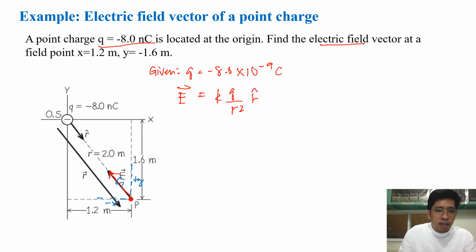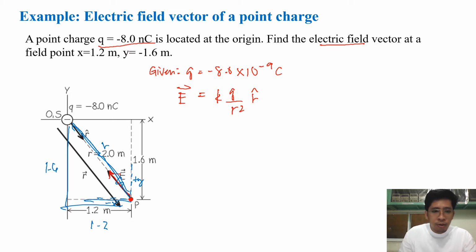You need this R here, which is just the direct line joining your source point to your field point. From the Pythagorean theorem, you form a triangle here. This is 1.6, this is 1.2. So your R is equal to 2 meters.